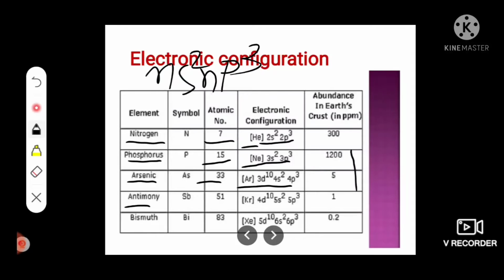Antimony, krypton 4d10 5s2 5p3. And bismuth, atomic number 83, xenon 4f14 5d10 6s2 6p3. The valence shell of these elements has 3 half-filled p orbitals.